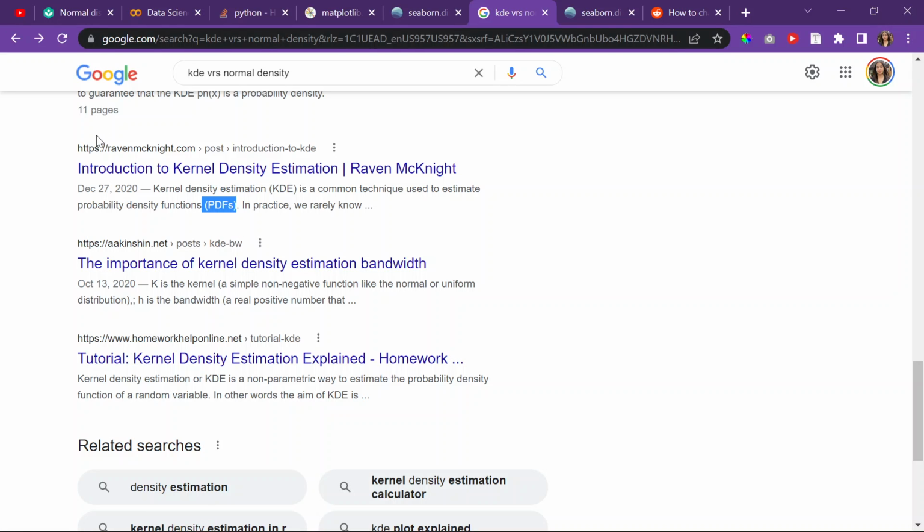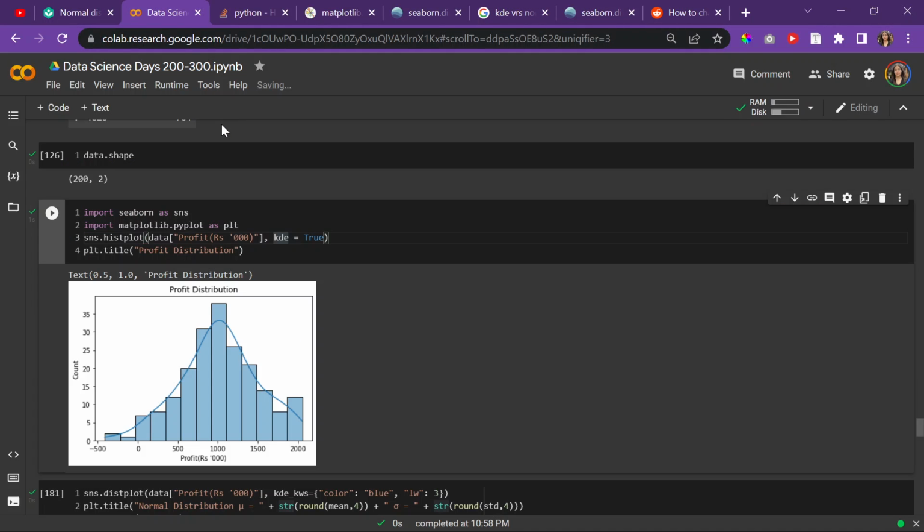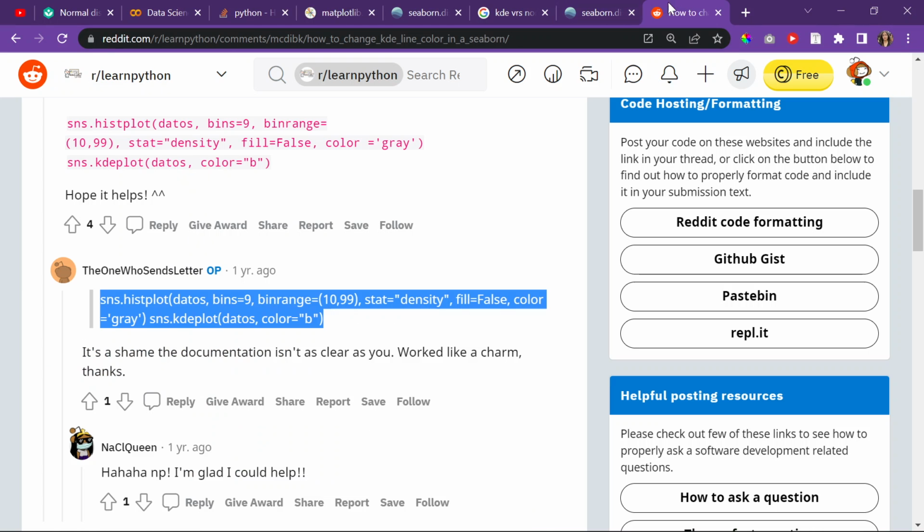Oh, okay, so the purpose of KDEs, which is what was mentioned in the previous article too, is to estimate the density functions, the PDFs, the probability density functions. That's interesting. Why do we need one function to estimate another function if we could just have that function? I don't understand.